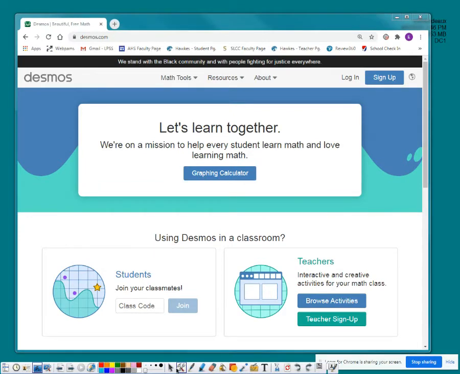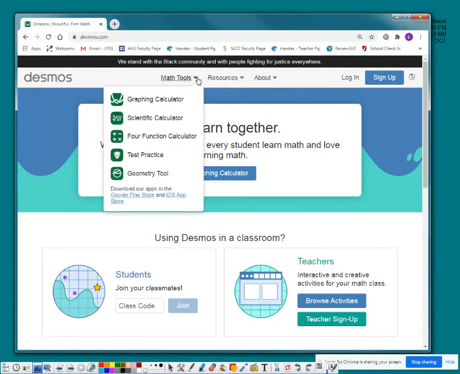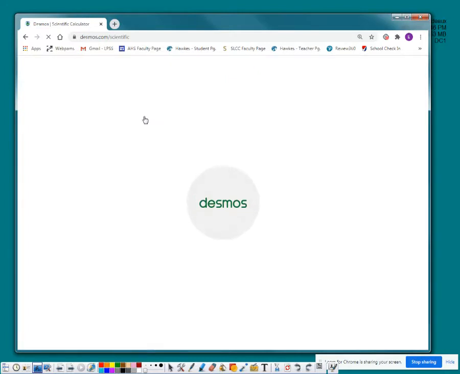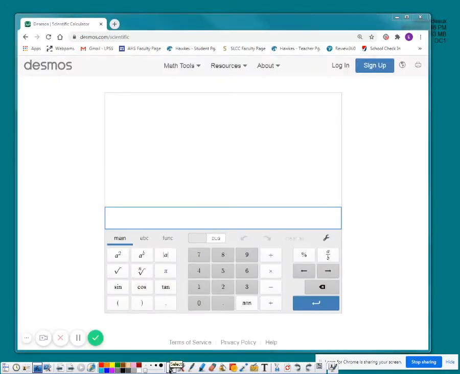So go to desmos.com, click Math Tools, and go ahead and click the scientific calculator. 50 raised to the 0 power is 1. 14 raised to the 0 power is 1. 78 raised to the 0 power is 1. Anything raised to the 0 power is 1, period.